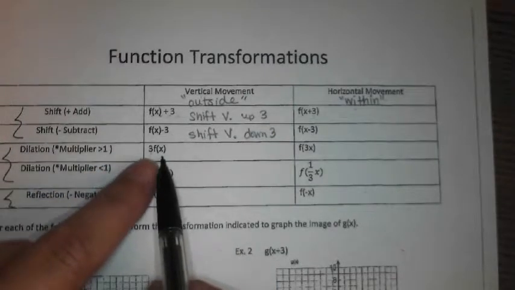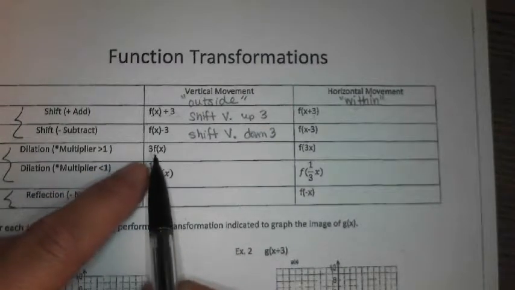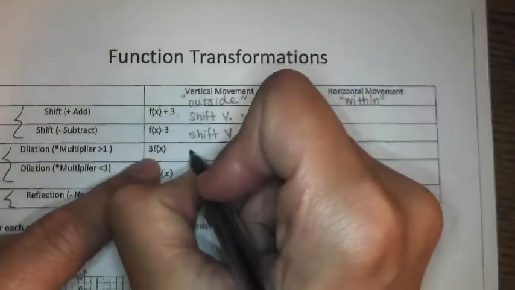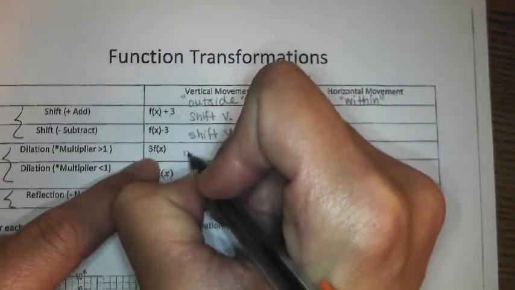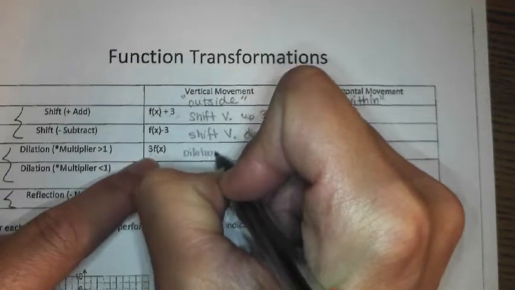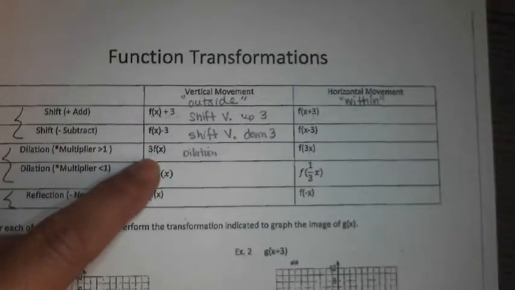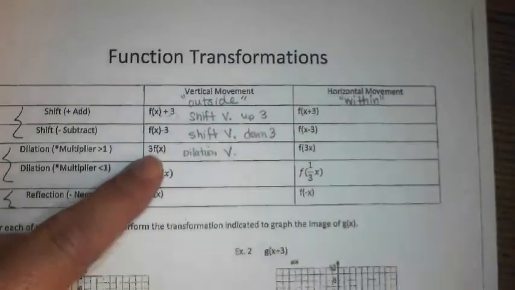Let's go down to this one. It's a multiplier. Anytime you see a multiplier, it's a dilation. And it's outside the function, so it's vertical.